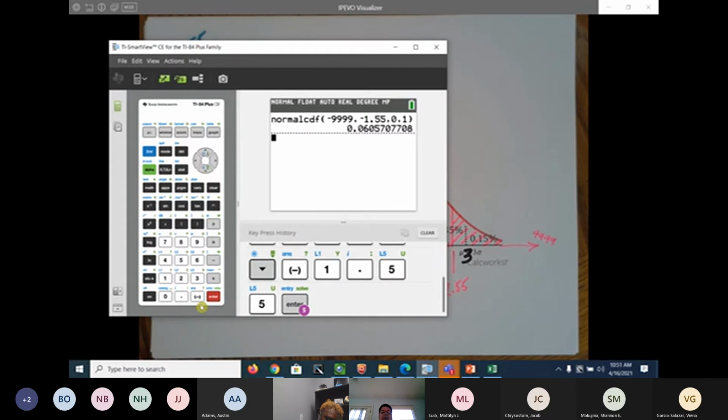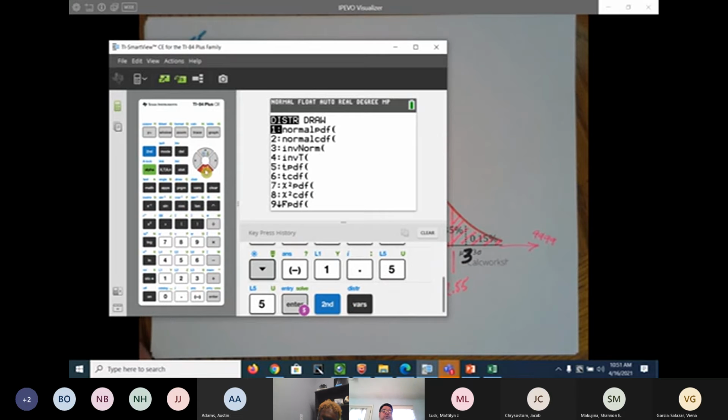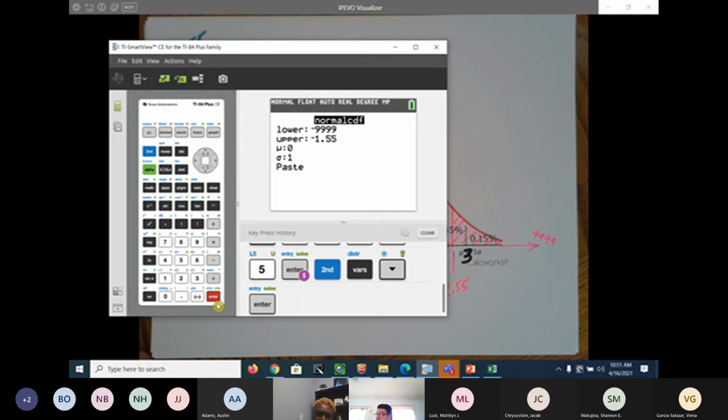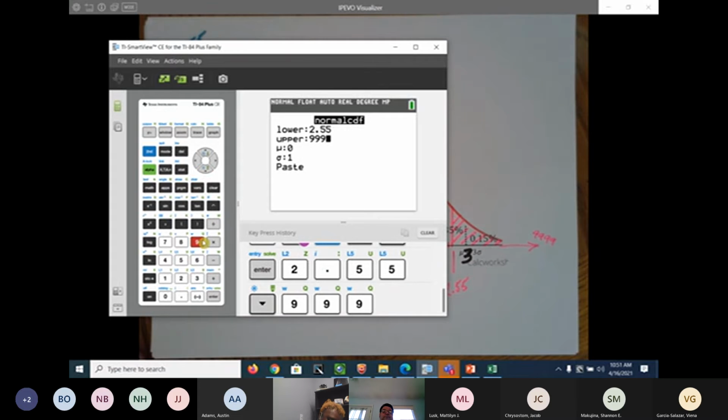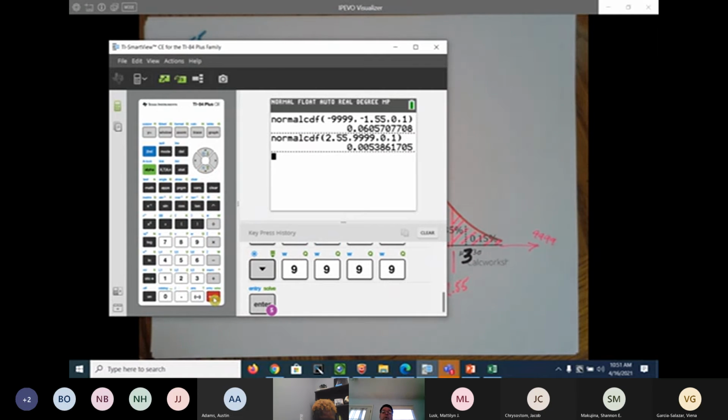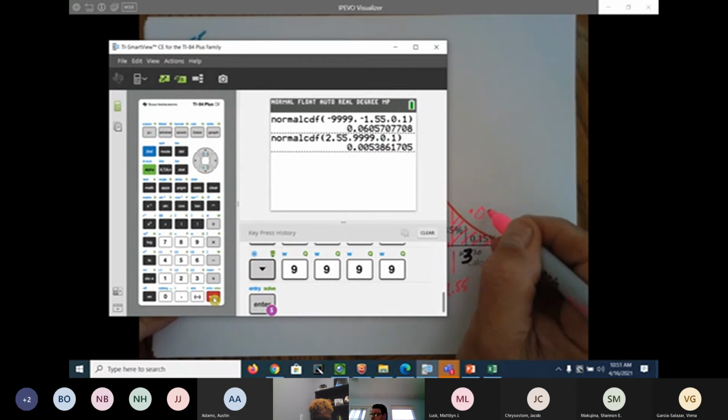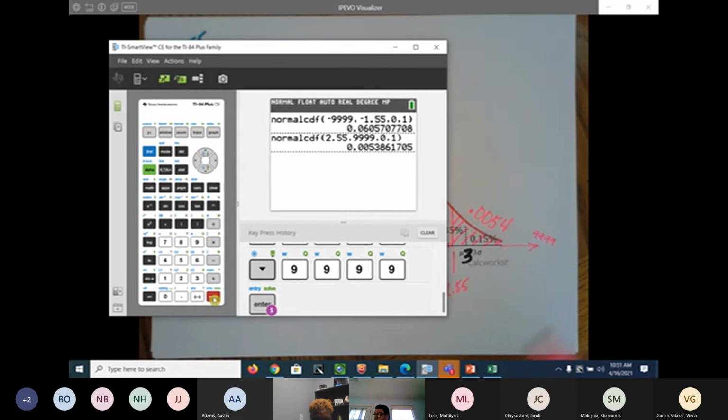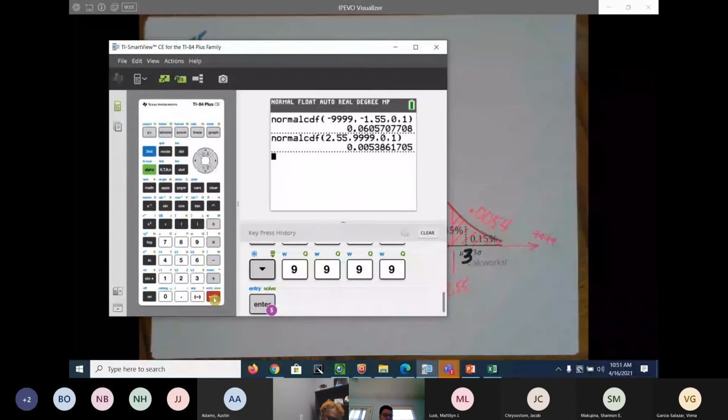And then on the right hand side, second bars, normal CDF from 2.55 to 9999. 0.0054. So 0.0606. Somebody help me out. Add them together.